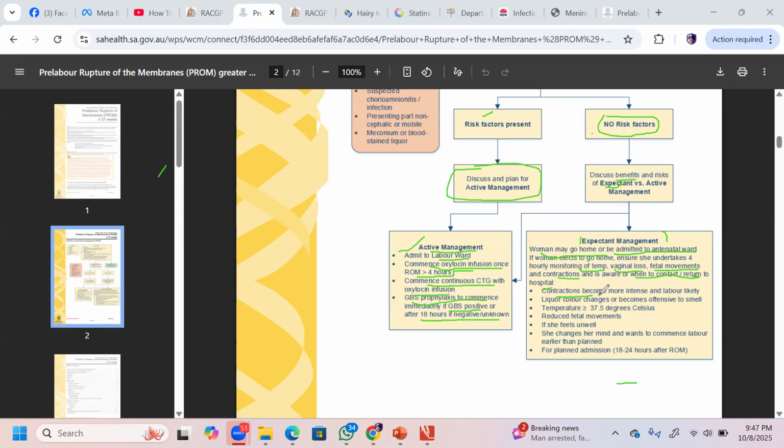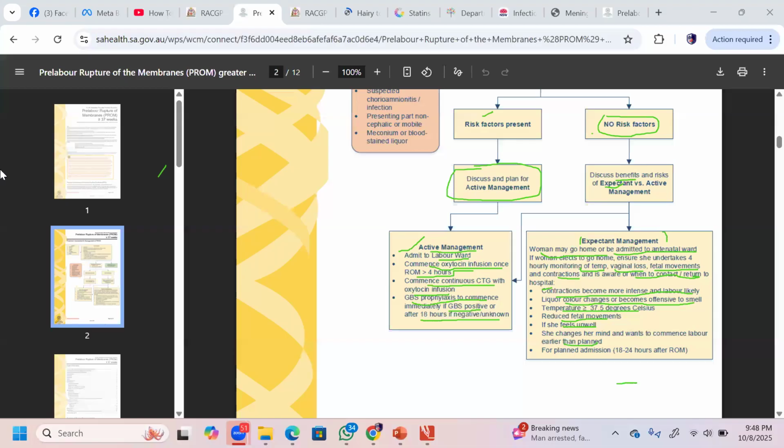When contractions become more intense and labor is likely, or the liquor color changes or becomes offensive smelling, or temperature is greater than 37.5 Celsius, or reduced fetal movement, or if the lady is unwell, then she should immediately come back to the hospital, and also if she changes her mind and wants to commence labor earlier than planned.